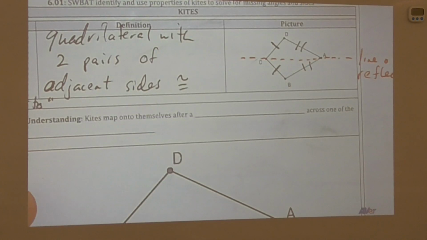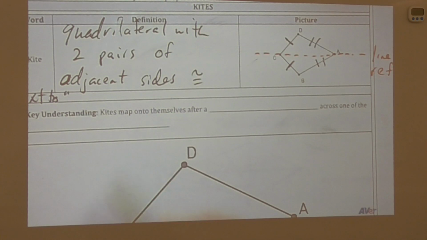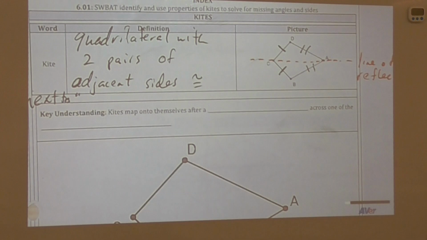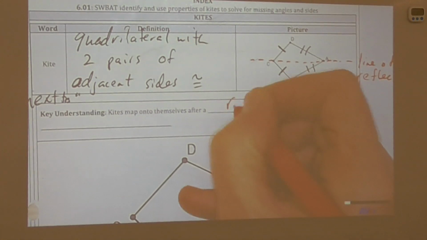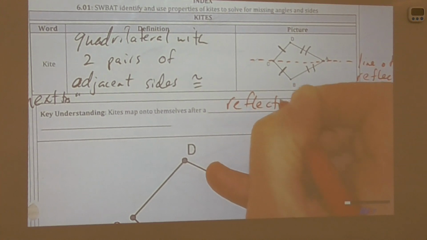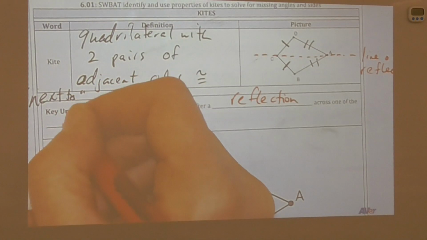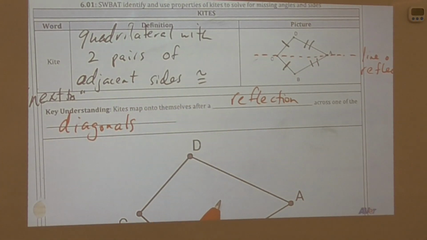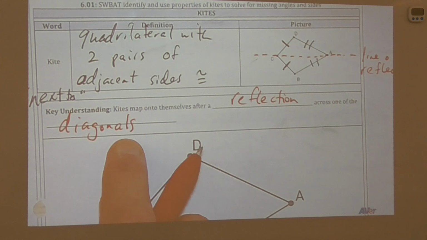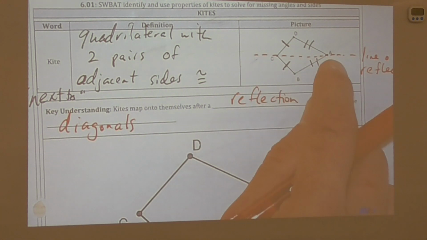So one thing that we need to know is that kites map onto themselves after a reflection across one of the diagonals. In this diagram, the diagonal that we're talking about is CA.